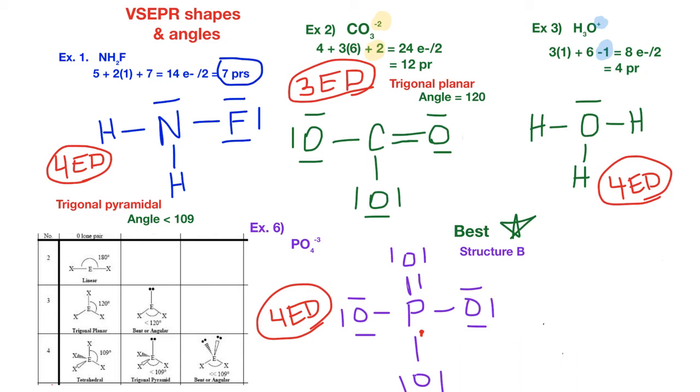Now for numbers 3 and 6, let's try to figure out what would be the shape and the angle for each of these molecules. Again, pause the video so you have time to think about it. You can use the table for now, but you're going to have to memorize those at some point. Work on it for a second and then unpause when you're ready.